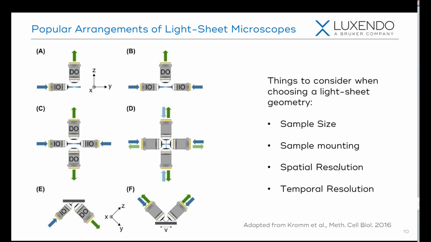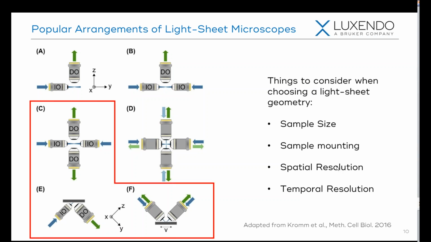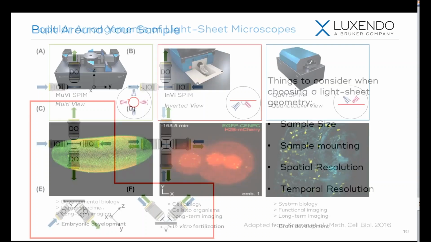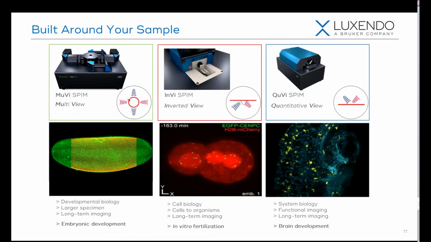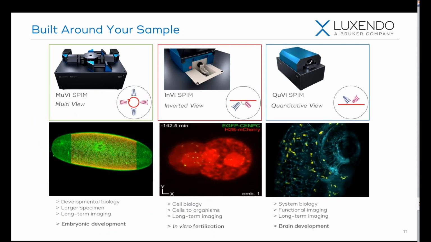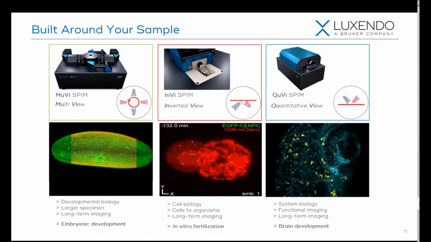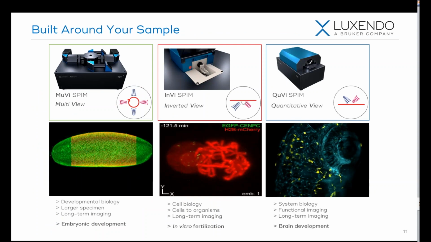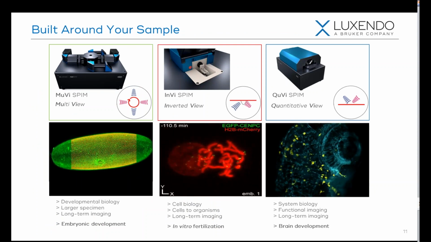Now, for the rest of my talk, I'm going to focus on these three light sheet geometries here: a four objective horizontal geometry, an inverted geometry, and an upright geometry, which we at Luxendo have commercialized into the multi-view, inverted view, and quantitative view light sheet systems, otherwise known as the MOVI, INVI, and QV, respectively.